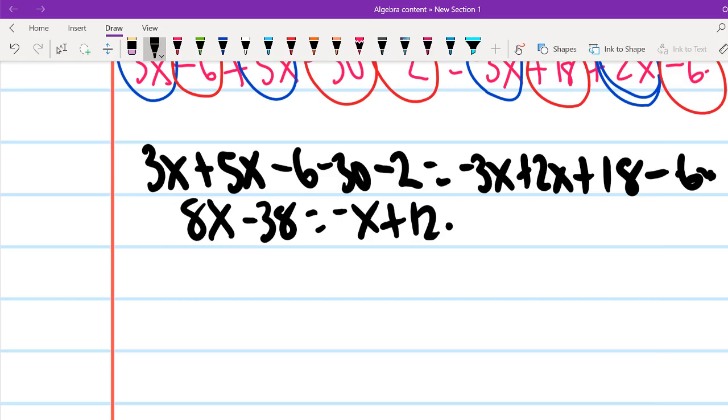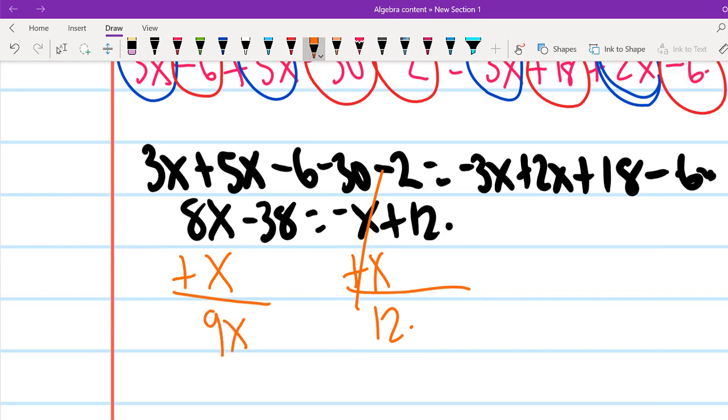So then finally, what you would do is add x on each side. And you would cross this out and bring the 12 down. And then you would say 9x minus 38 equals 12.